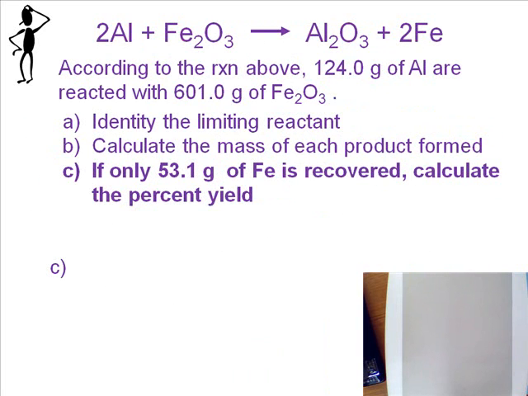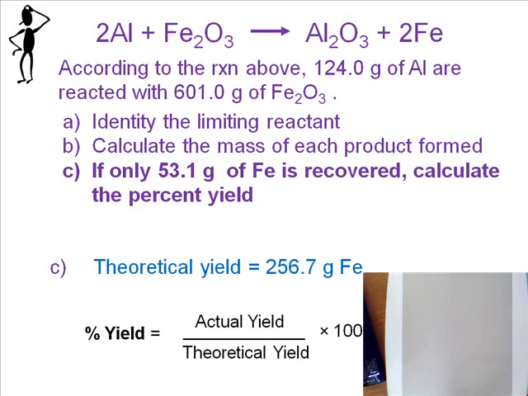Now, how about on this one? Let's take a look at calculation of the limiting reactant. If you run the calculation and actually do the stoichiometry, the theoretical yield is 256.7 grams of iron. Now, wait a minute. Where did we get 256.7 grams of iron?